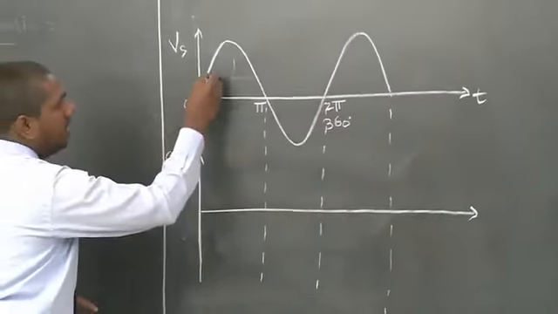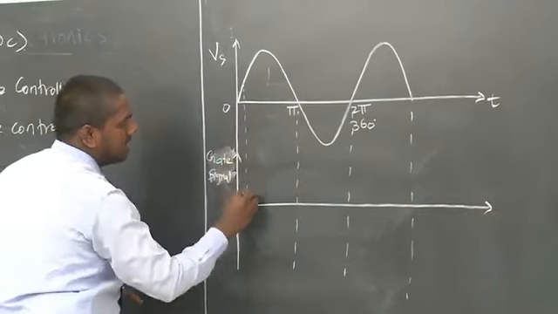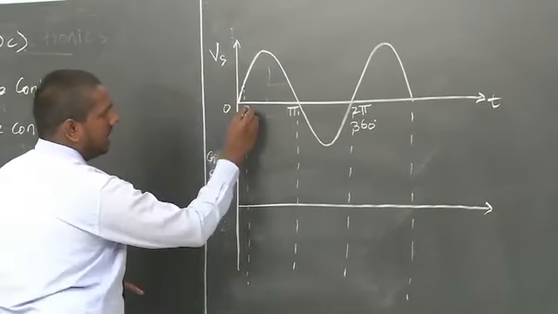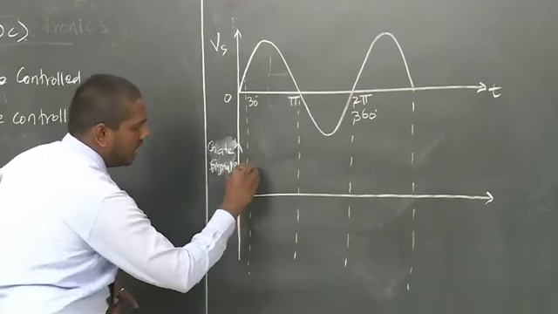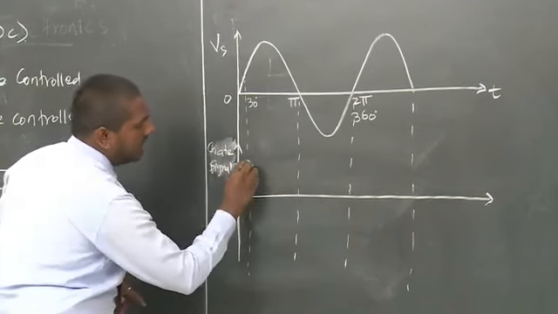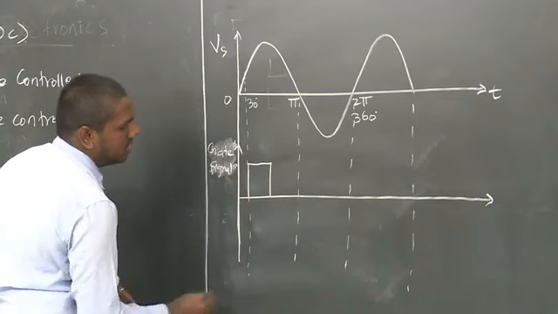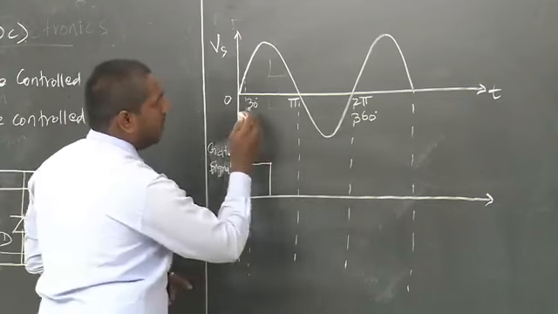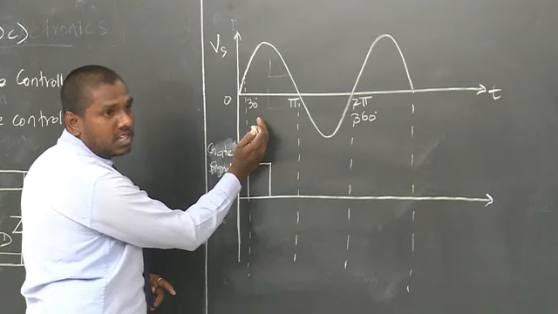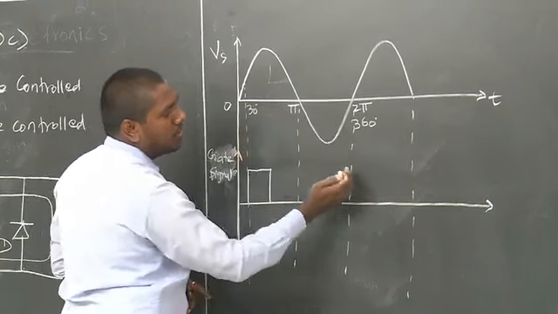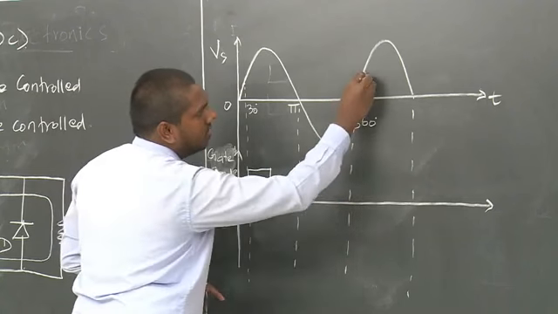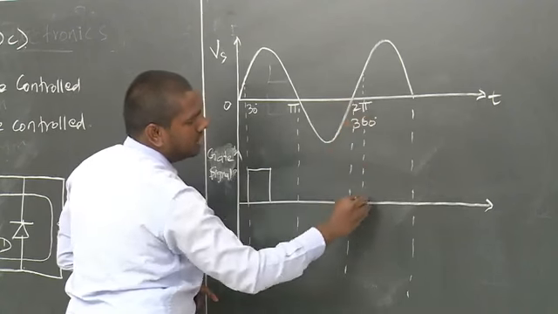Initially we give gate pulses at an angle of 30 degrees. You can start from the angle of 30 degrees. The gate pulses start from 30 degrees and end at some angle. Similarly, only one thyristor operates, only in the positive region. There is no operation in your negative region. Next we start from another positive region.